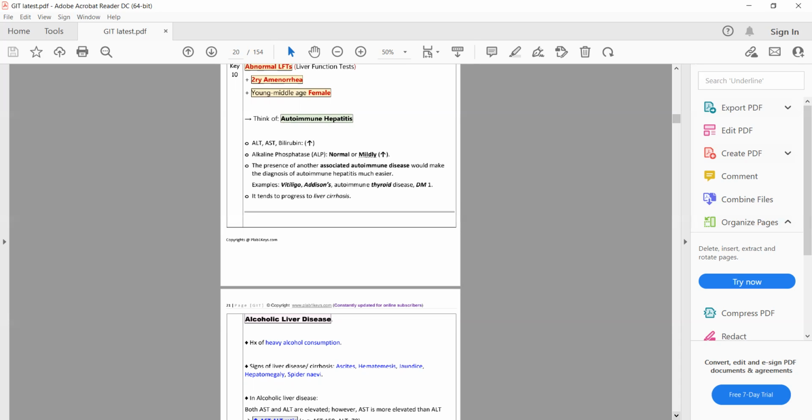Because of portal hypertension, fluid will come out of the circulatory system and result in accumulation of fluid in the peritoneal cavity, which is also known as ascites. So one sign of liver cirrhosis or liver disease is ascites.